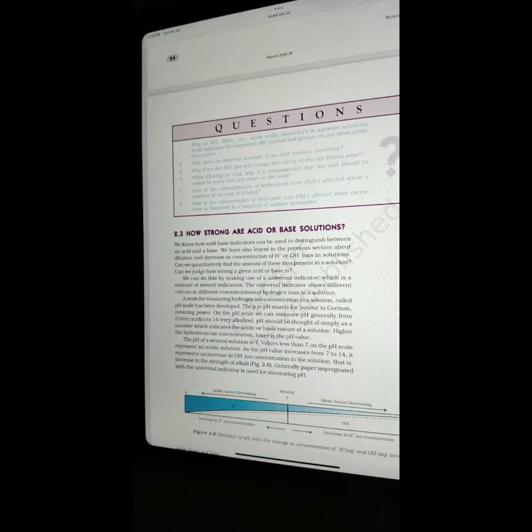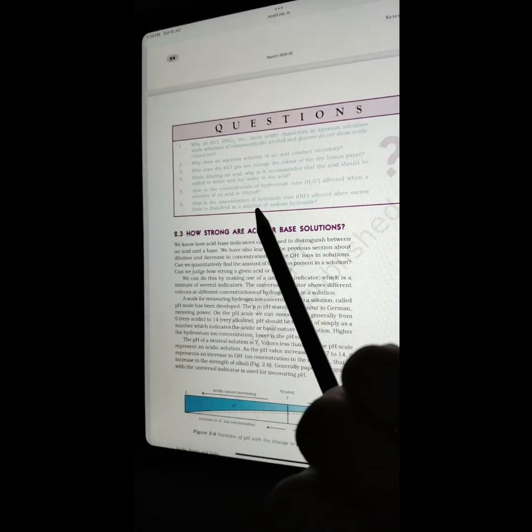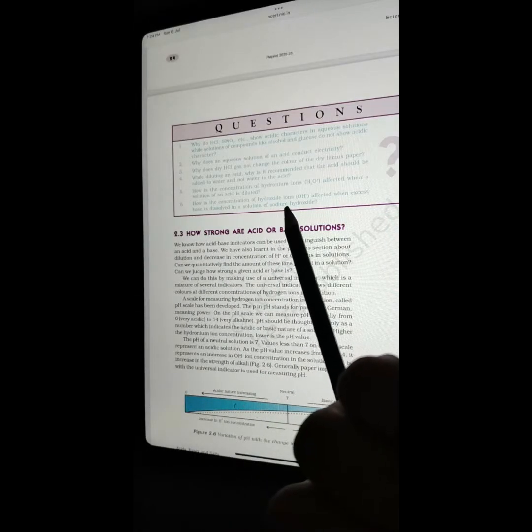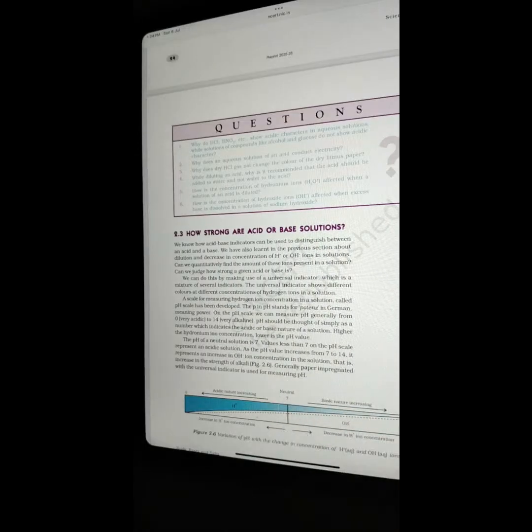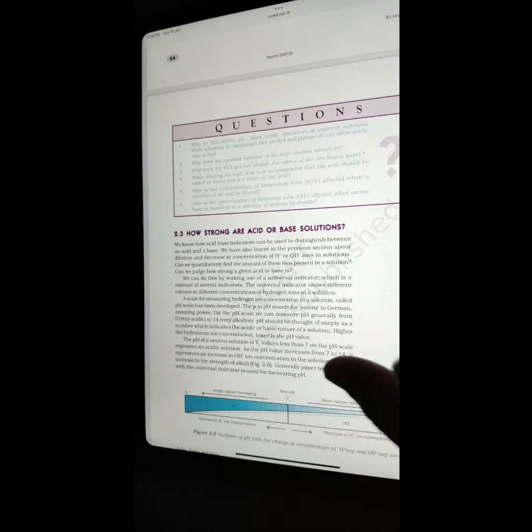While diluting an acid, why is it recommended that the acid should be added to water and not water to the acid? 5. How is the concentration of hydronium ions, H3O+, affected when a solution of an acid is diluted? 6. How is the concentration of hydroxide ions, OH-, affected when excess base is dissolved in a solution of sodium hydroxide?